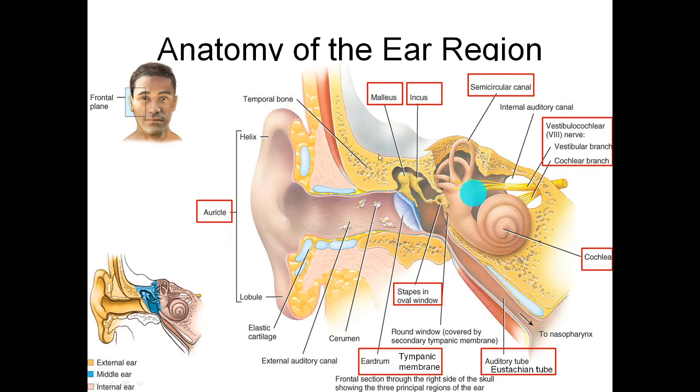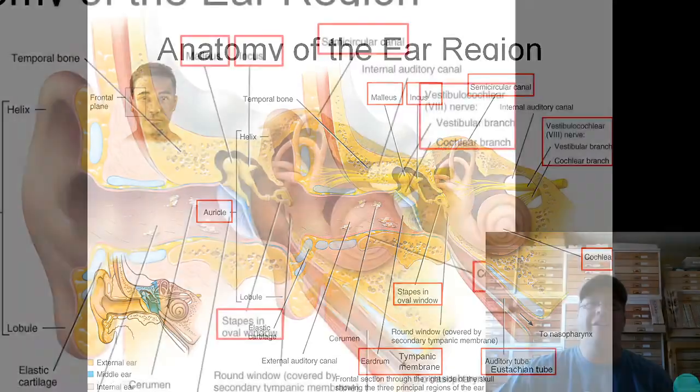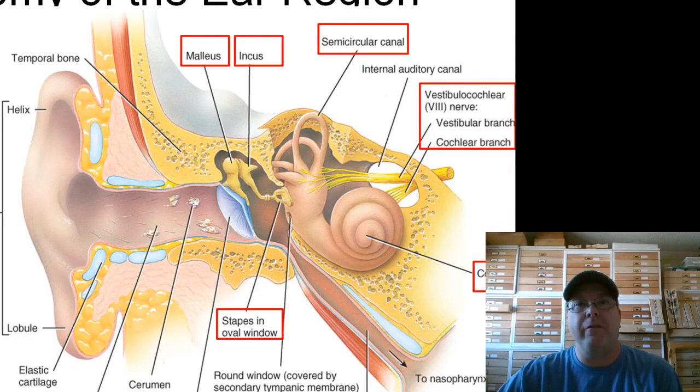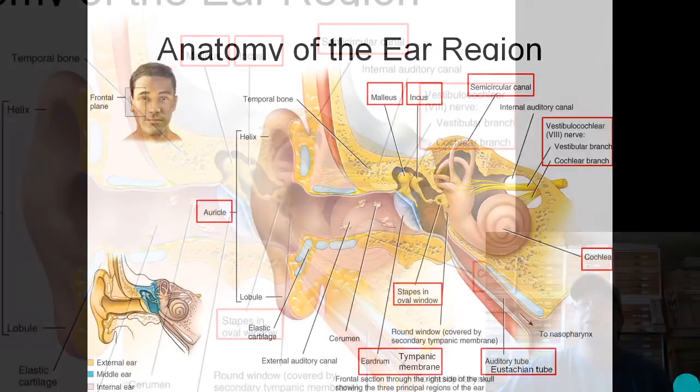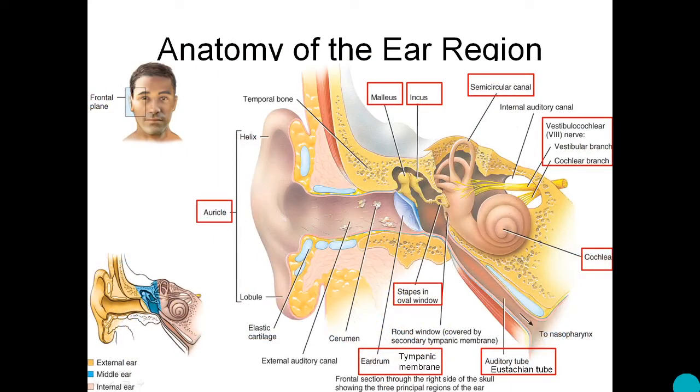Often we call an ear infection an inner ear infection. It can be an inner ear infection, but most of the time your ear infections are middle ear infections. You have an infection within this middle ear. And kids get it a lot.